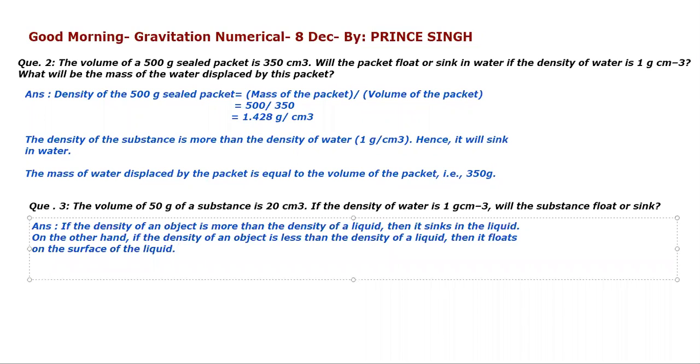So here the density of the substance is mass of substance upon volume of substance. That means 50 divided by 20, and it comes to 2.5 gram per centimeter cube.